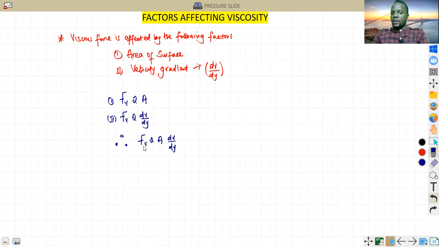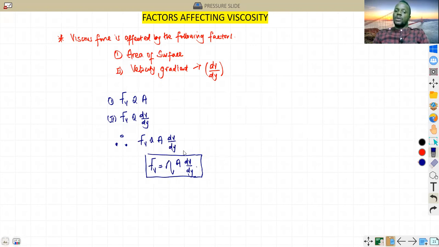This is the way we relate that. There will be a constant of proportionality when we change the variation sign to an equality sign. Directly we can say the viscous force Fv is equal to eta, which is the coefficient of viscosity, times A dv by dy. Students need to keep this formula in mind, because in lots of theoretical questions, illustrations, and numericals, we are going to use this formula to solve questions.